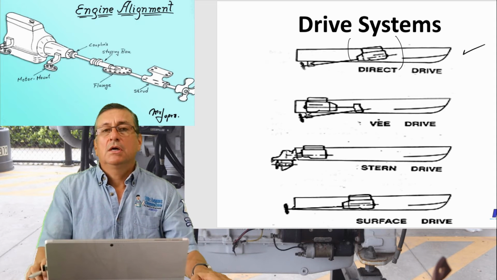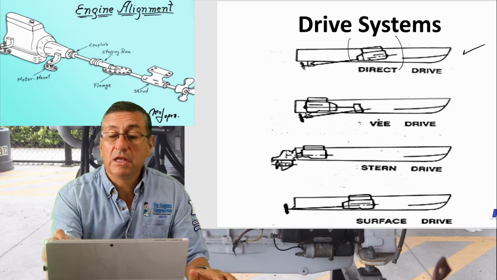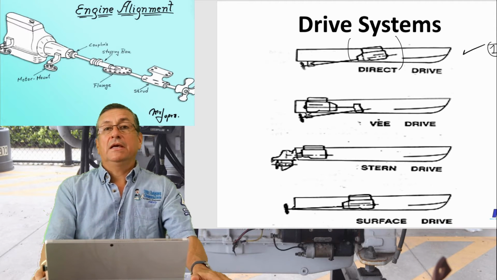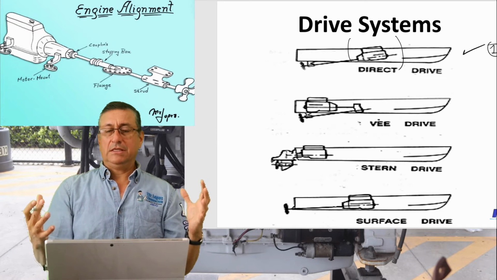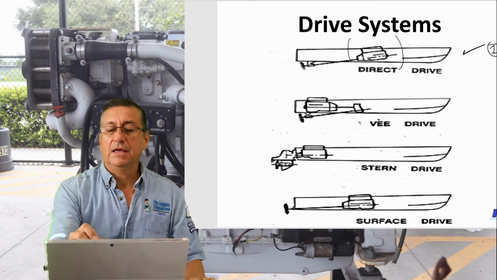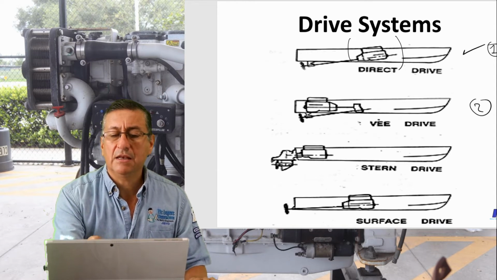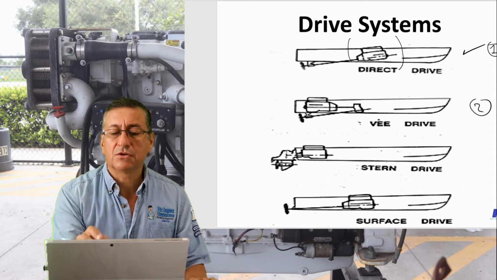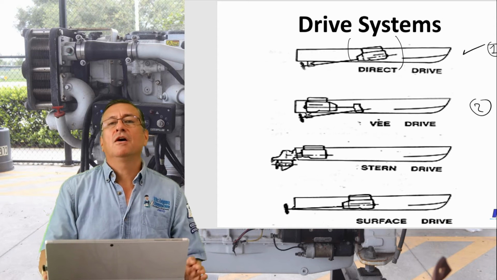boat is good. The only inconvenience with number one is that it's located in the middle of the boat. In some cases, that design is not good for other factors. For example, the second one, the V drive, is excellent because the engine is located pretty close to the transom of the boat.